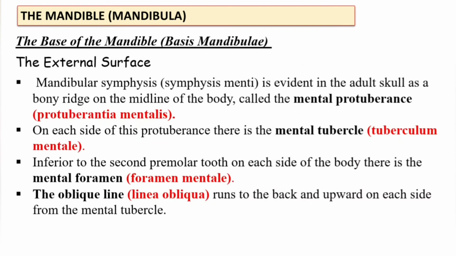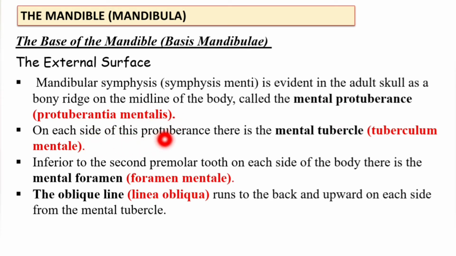Next, there is the base of the mandible, basis mandibulae, and it has two surfaces, external surface and internal surface. So starting with the external surface, the mandibular symphysis, symphysis menti, is evident on the adult skull as a bone ridge in the midline of the body called the mental protuberance, protuberantia mentalis.